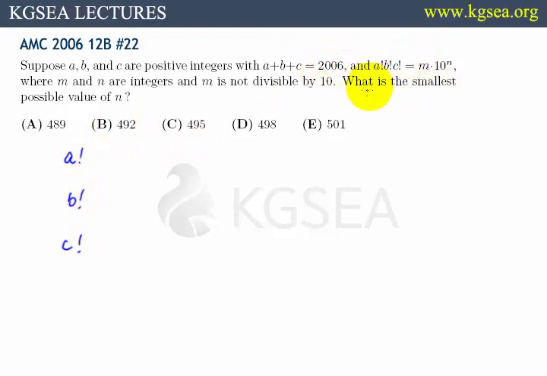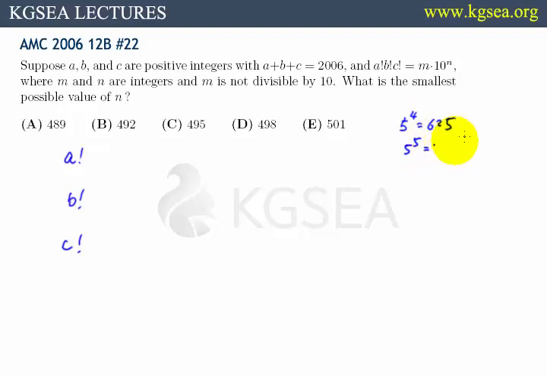So let's find out. Okay, now, what are we dealing with? The 2006. Okay, 5 to the 4th is 625. 5 to the 5th is 3,125, right? So it's bigger than 2006. So we just got to go up to 4.